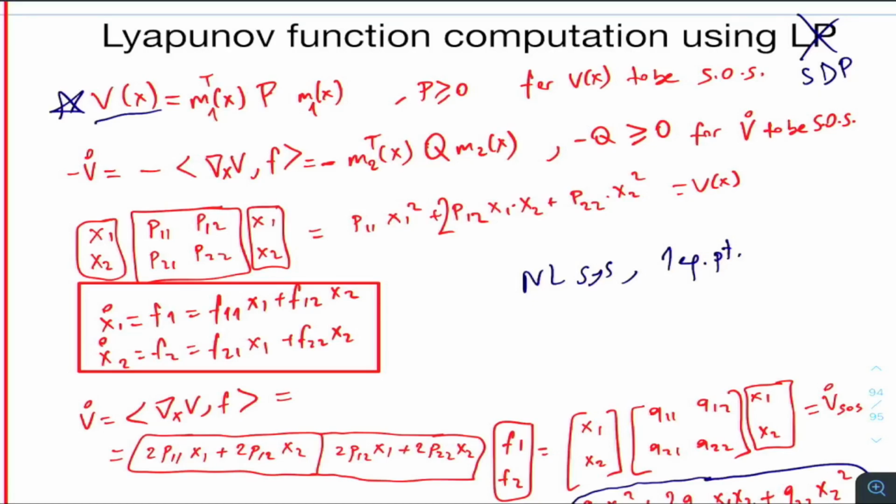For example x1, x2, of course there might be other states, but to be able to visualize what I'm trying to say, I'm going to cover two-dimensional nonlinear dynamical systems. And here this is the equilibrium point, and we want to prove the global stability.